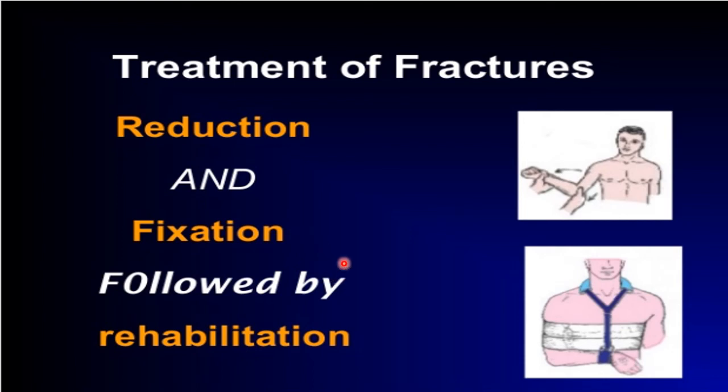Then, once the healing has taken place, but your fixation had immobilized the joints above and below the fracture site for a long time, the patient will need some rehabilitation, at least physiotherapy to mobilize the joints.